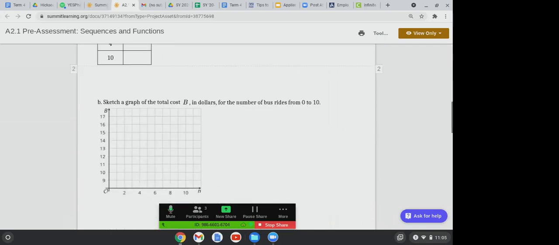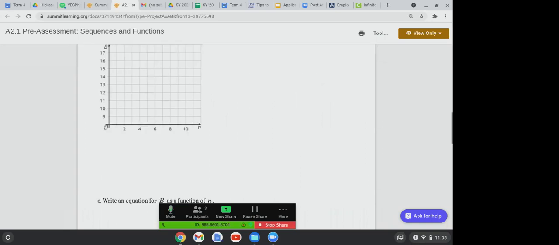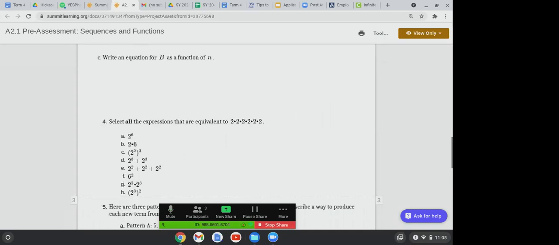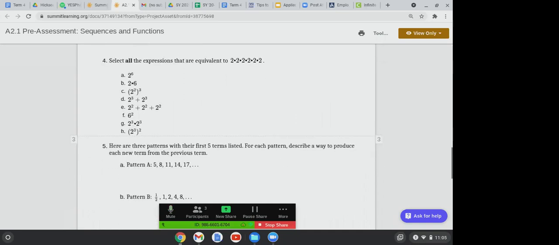Okay, so I'm not too worried about the sketching because I hope to get to show you all how to do it on the computer. Now, number 4. Number 4 was testing to see if you understand exponents. So in number 4, you were supposed to select all the expressions that are equivalent to 2 times 2 times 2 times 2 times 2 times 2.